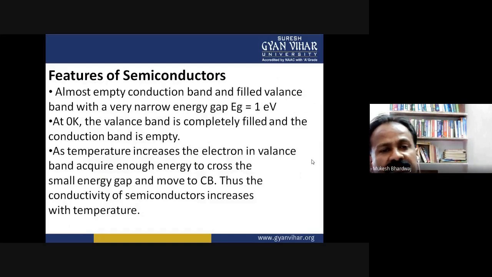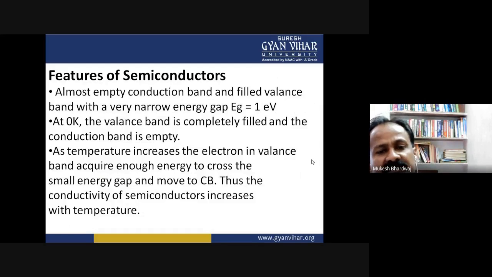At 0 Kelvin, the valence band is completely filled and the conduction band is empty.